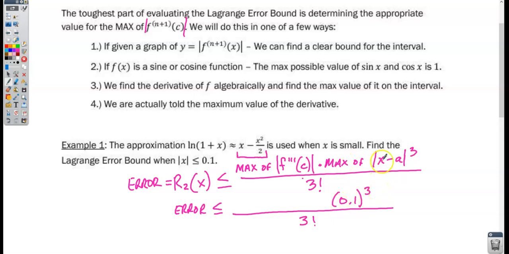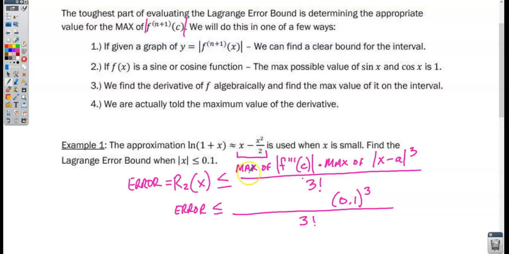And so that max of absolute value of x minus a to the third is just going to be the maximum possible distance. With Maclaurin series, it's really easy to see what that maximum possible distance is, because the endpoint of the interval is going to dictate where that is.